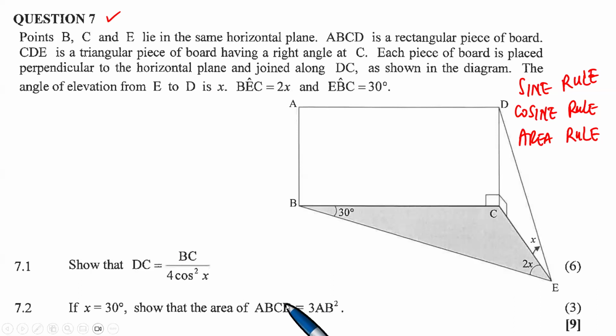Okay, let's continue right now with these rules and see what we can do. 7.1 is yours. But let's see what we can do.